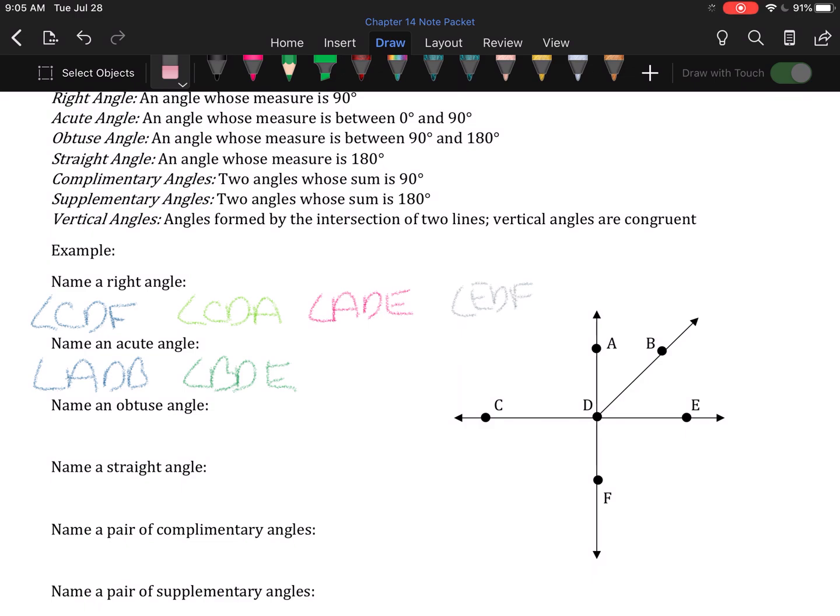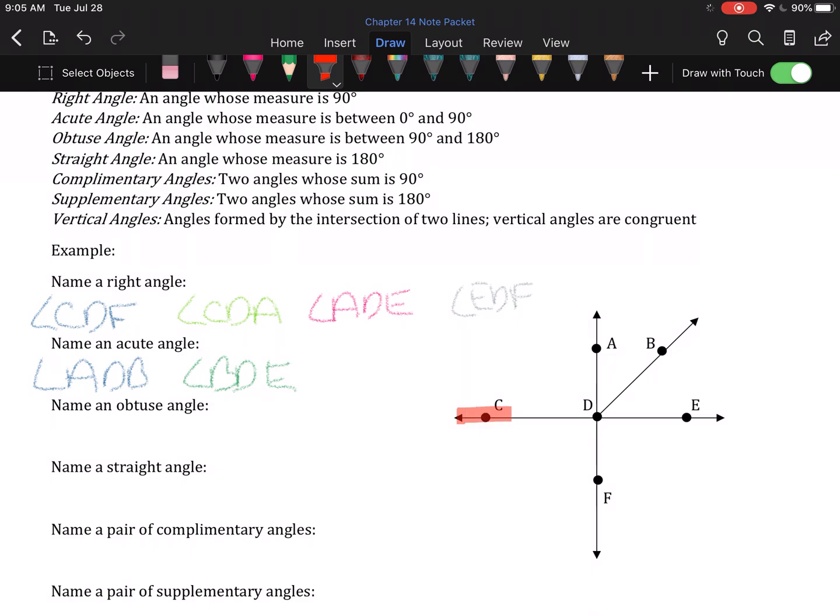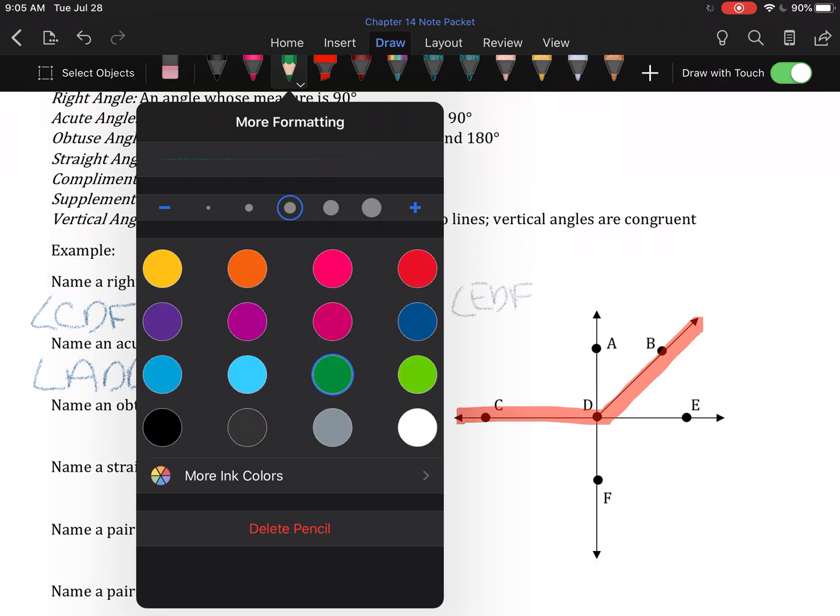Obtuse now. Obtuse is an angle between 90 and 180. So it's bigger than a right angle, but smaller than a straight line. There are 2 of these. As I highlight that, you can see that's bigger than 90, but not a straight line.